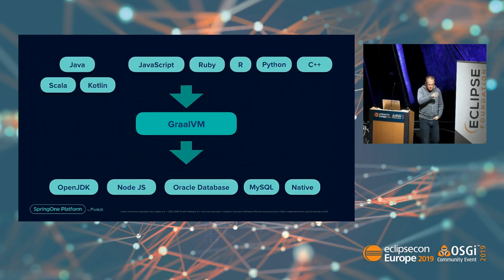So the idea is in the middle, there's GraalVM. You throw all the languages at GraalVM, and GraalVM compiles all the stuff into high-performance code. And below that, the idea is to use GraalVM in different settings. If you want to use that in a regular OpenJDK setting, like you're running a Java virtual machine but would like to use this technology, you can embed Graal into the general OpenJDK.